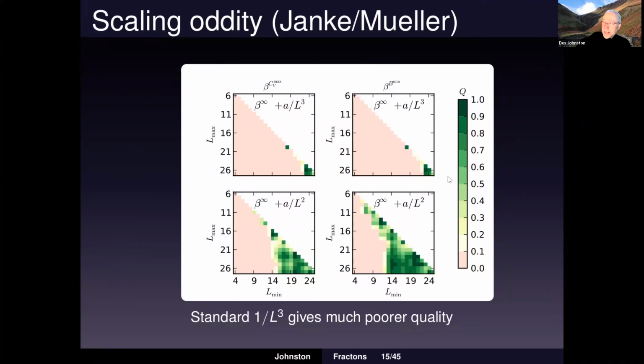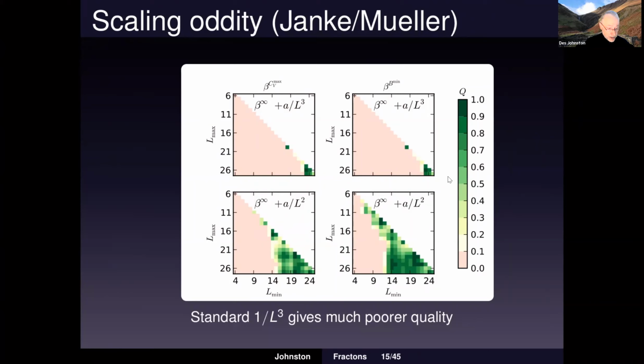So the lattice volume is L cubed. You do a careful simulation, which I didn't do, but they did. And if you have a look at these graphs, what they're plotting is the quality of the fits to these two forms for the shift in the estimate of the first order transition point against the minimum and the maximum size of lattices used in the fits.